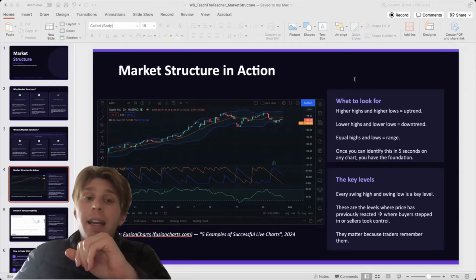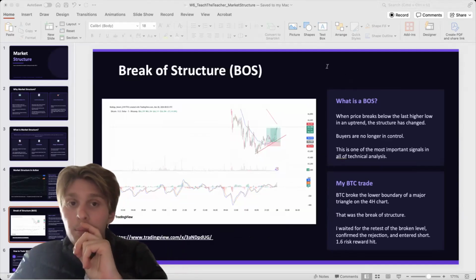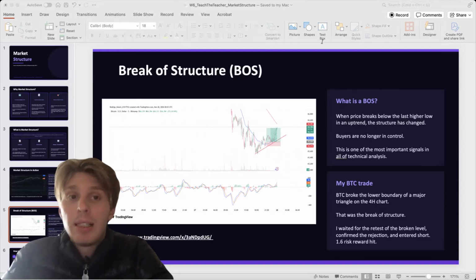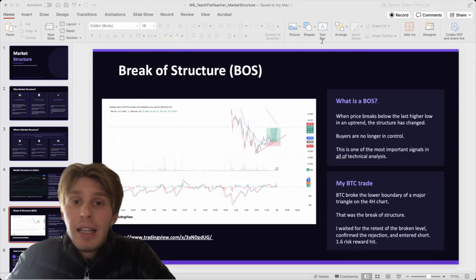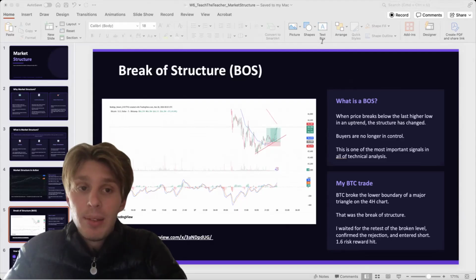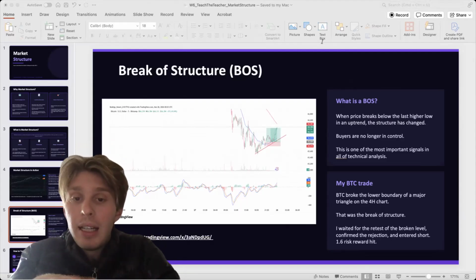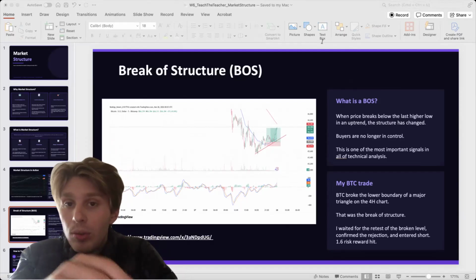So, there are a few types of break of structure. For example, the one that I used is from my own trade in Bitcoin. It is very interesting. Look at the chart. You have Bitcoin in an upward trend, so higher highs and higher lows.